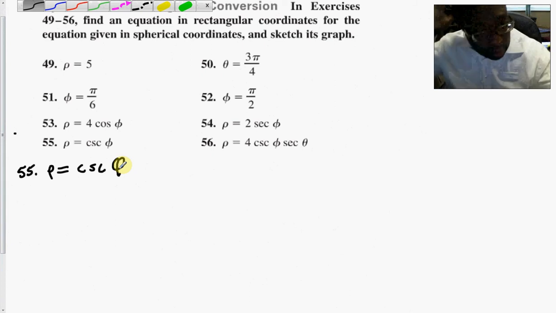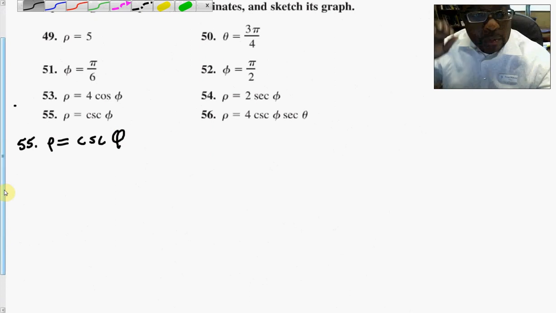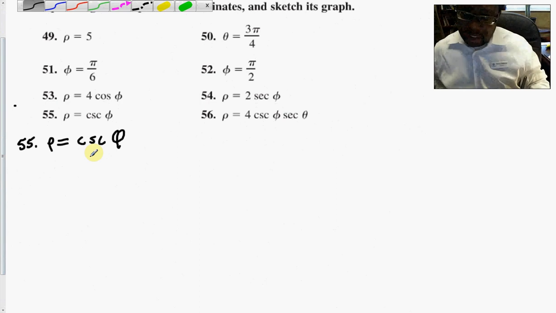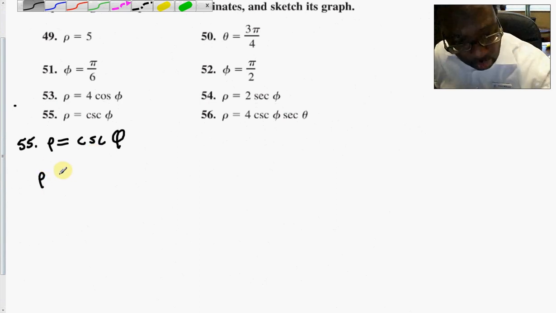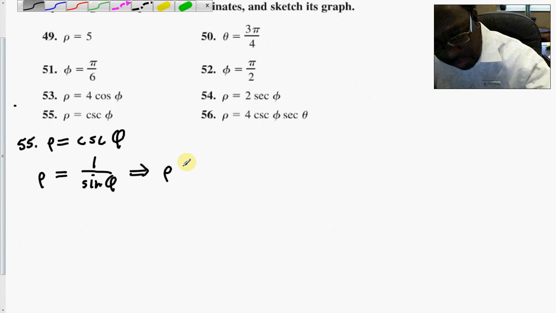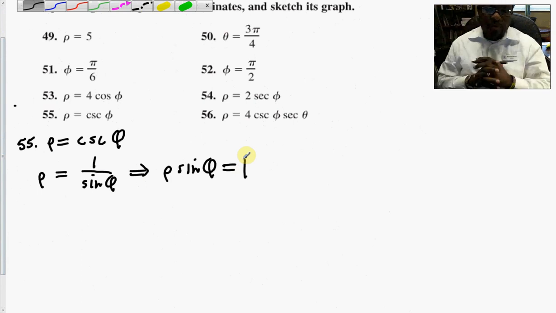And let's see. Cosecant is the same thing as 1 over sine. So this is rho is equal to 1 over sine phi. We can simplify this. This is rho times sine phi is equal to 1.